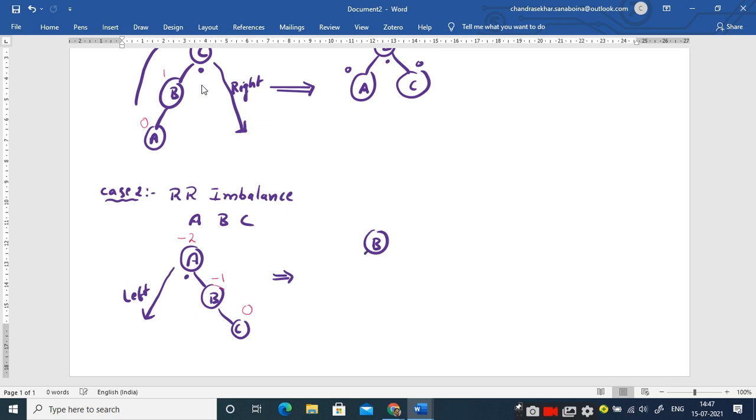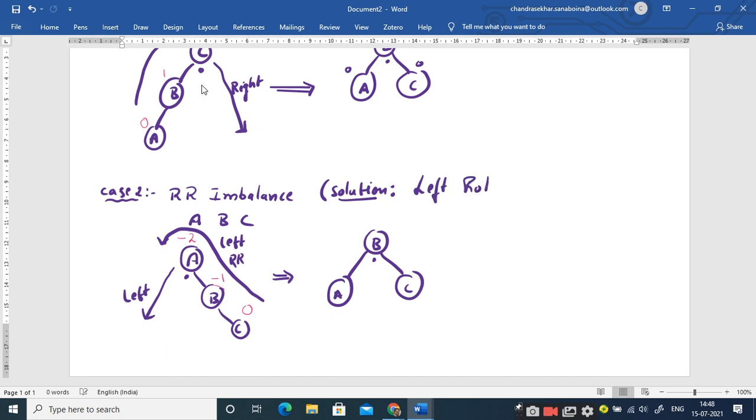I will get B and I will get A and then I will get C like this. The holder is here. So this is a case of RR imbalance where I am giving a solution by rotating the elements towards left hand side. So what is the solution for the RR imbalance? Left rotation. Is it clear up to this point? Yes, sir. Right. So we'll go with the third case.